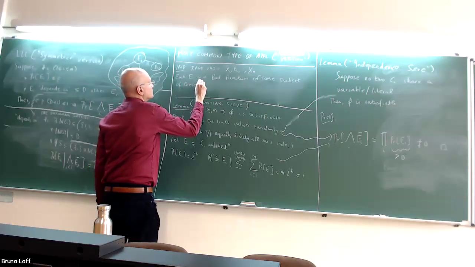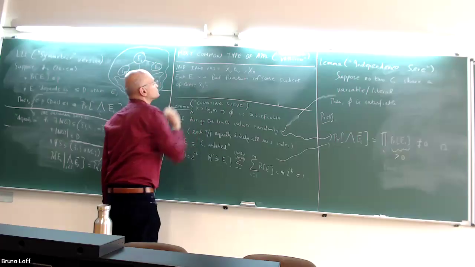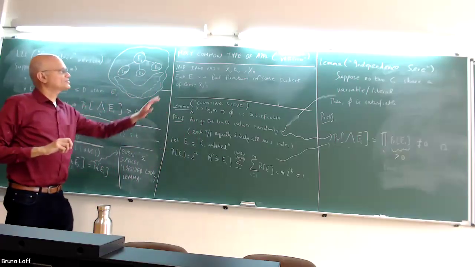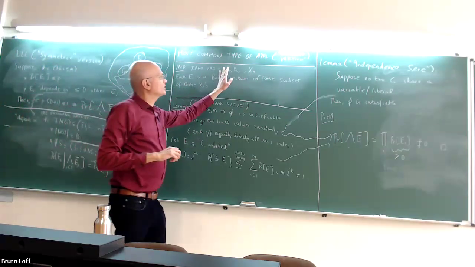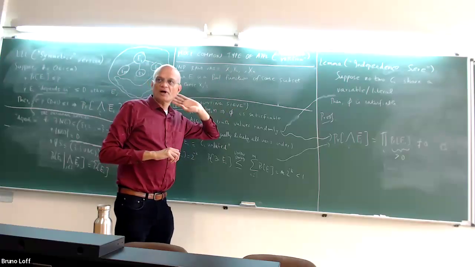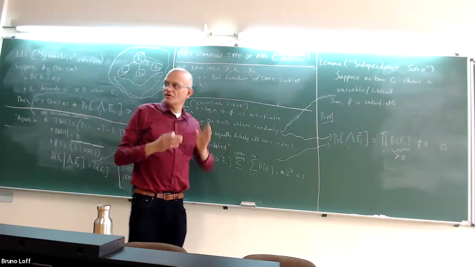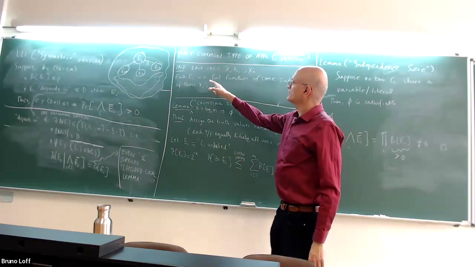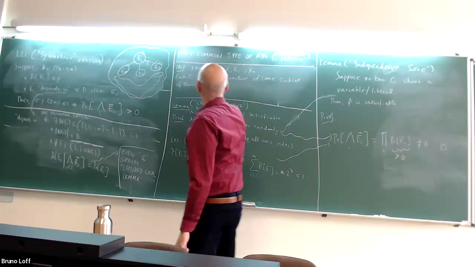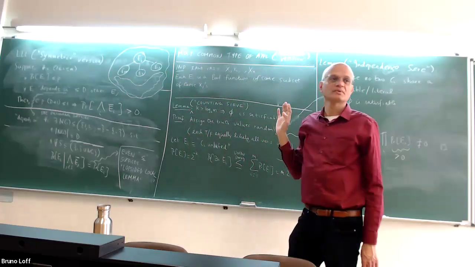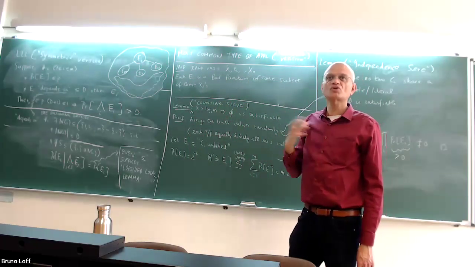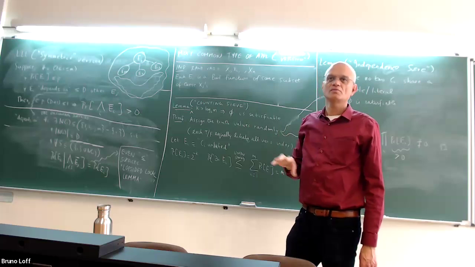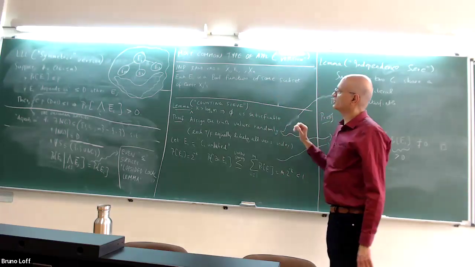You have some underlying independent random variables that drive all your events. In our k-CNF context, for example, each Ei is a Boolean function of k of these. It's some Boolean function. Of course, in our case, it's an OR and so on. But for now, we don't worry about it.